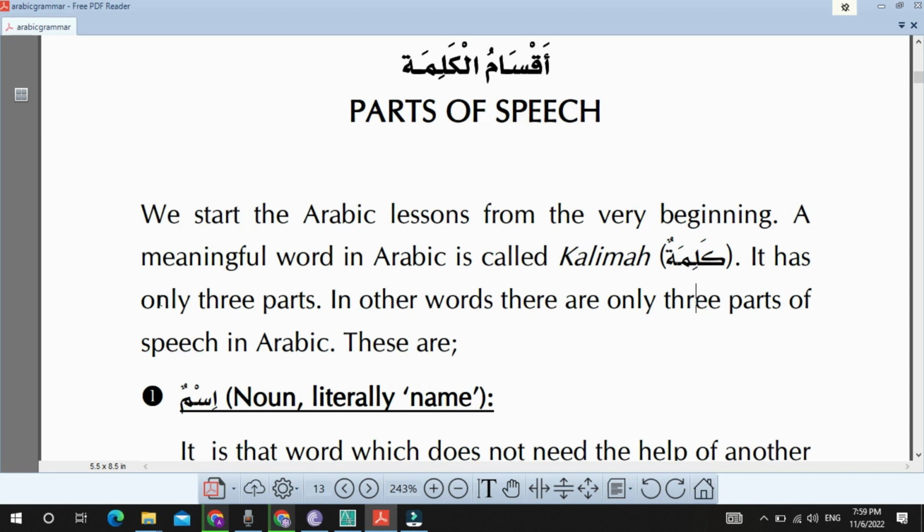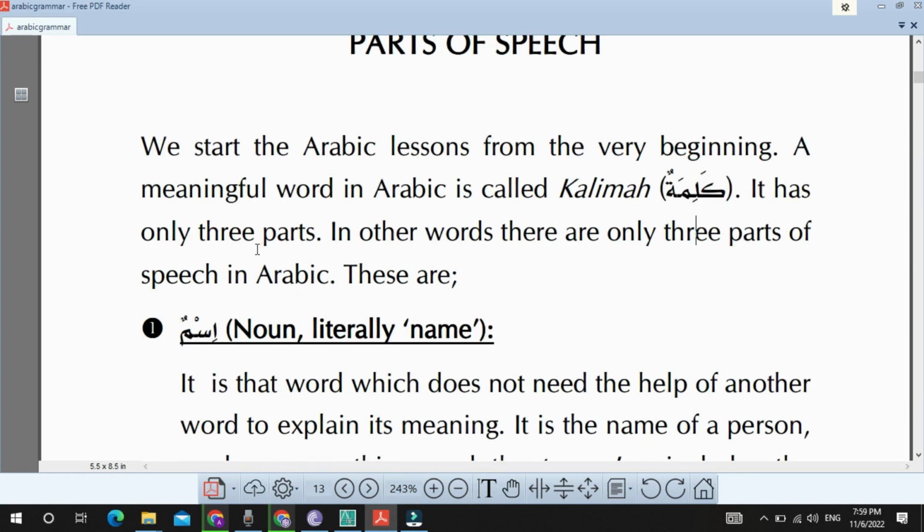Kalima has only three parts. Three types of words are in the category of kalima. In other words, there are only three parts of speech in Arabic. Actually, this is a very deep point.